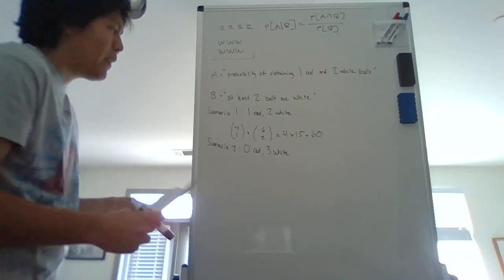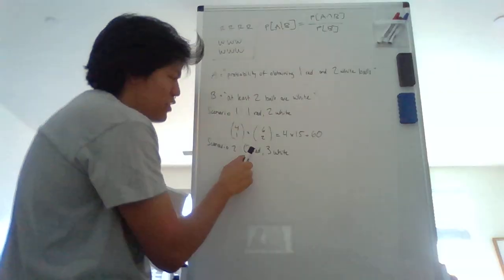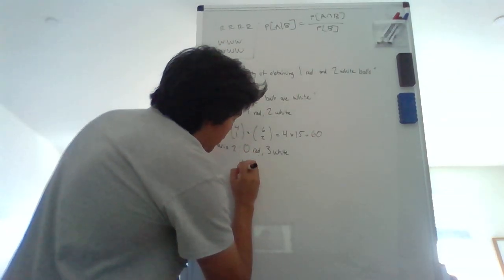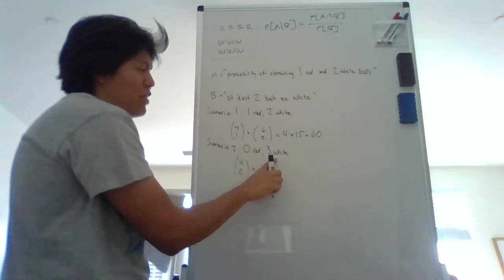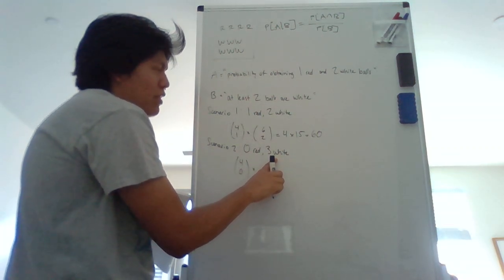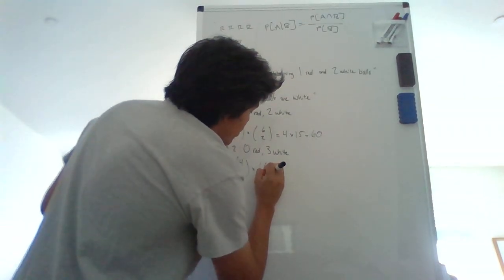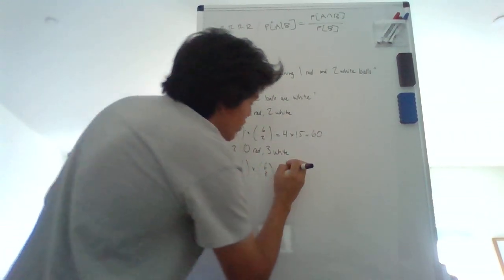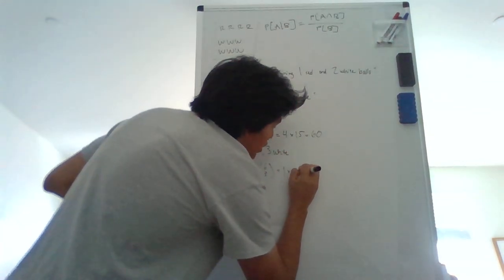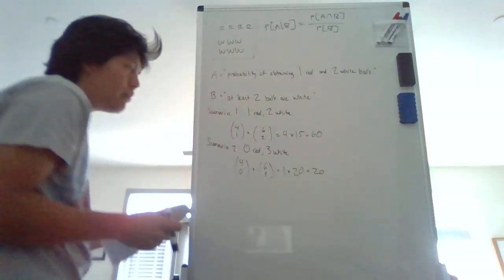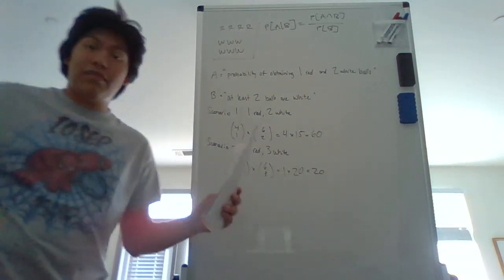So how do we choose 0 red balls? 4 choose 0, and then multiply by the number of ways we can choose 3 white balls from 6 total, 6 choose 3. 4 choose 0 is 1. 6 choose 3 is 20. So this is 20. Okay, perfect.